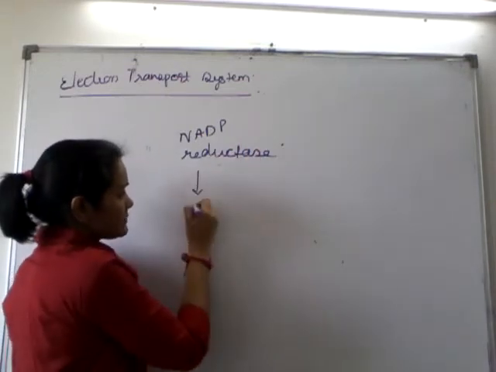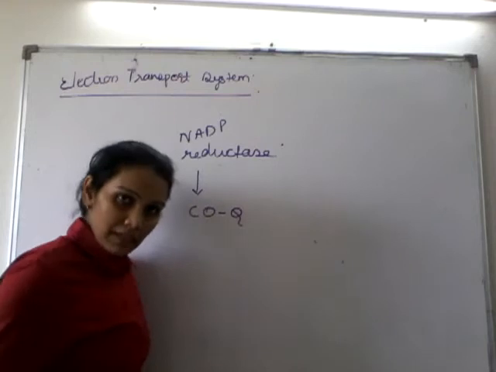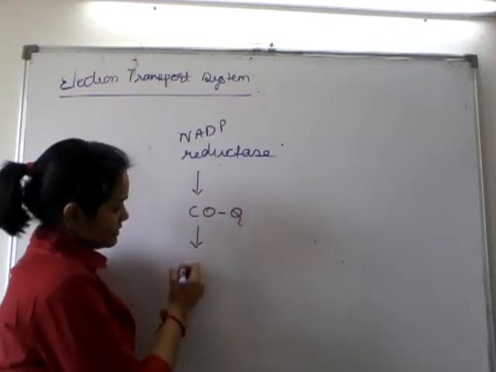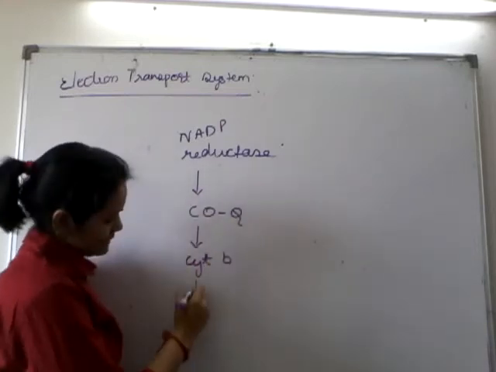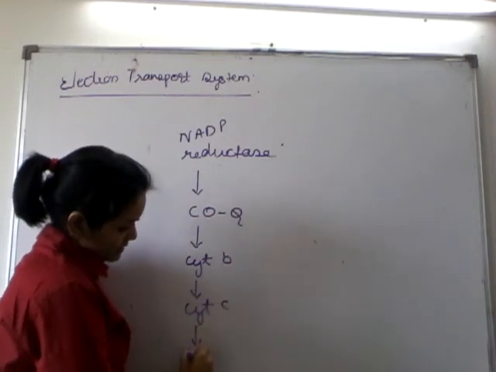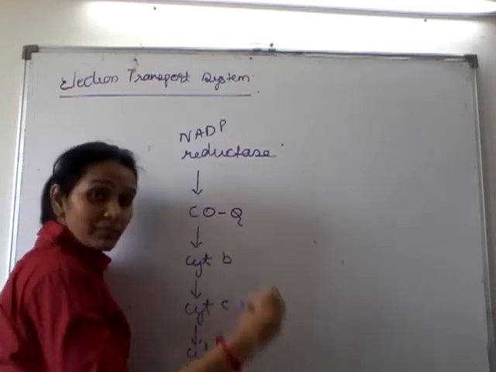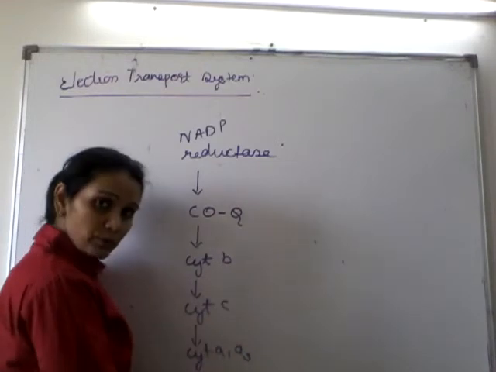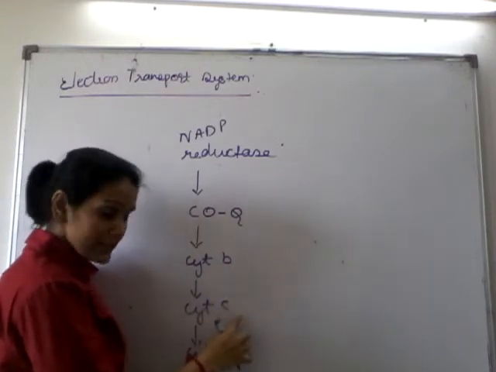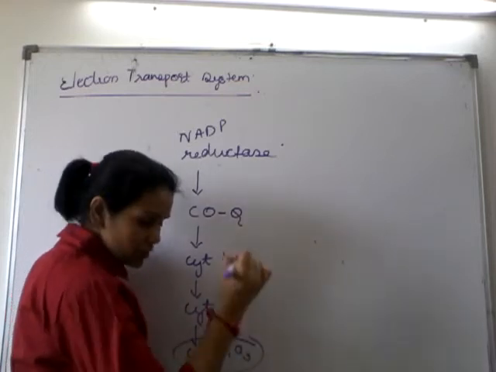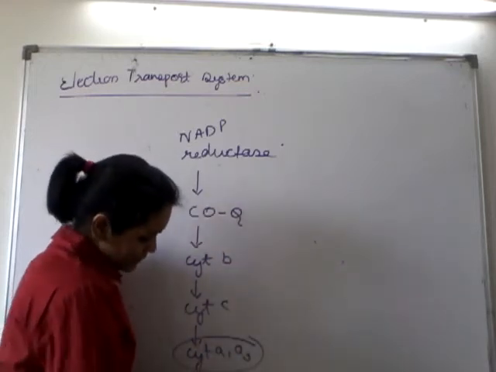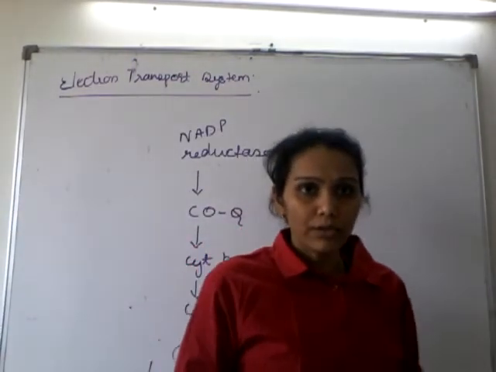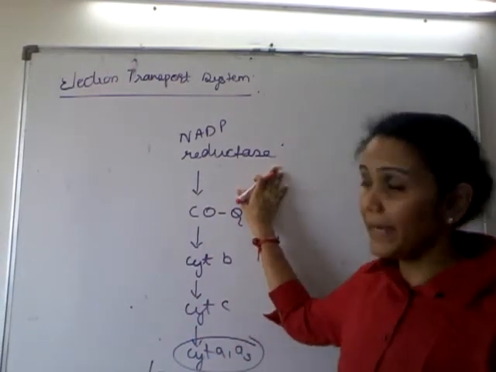Next to it comes coenzyme Q, then a sequence of cytochromes. An easy way to remember the cytochromes is the order: cytochrome B, C, A, A3. A3 is also called cytochrome oxidase, and the terminal electron acceptor is oxygen.